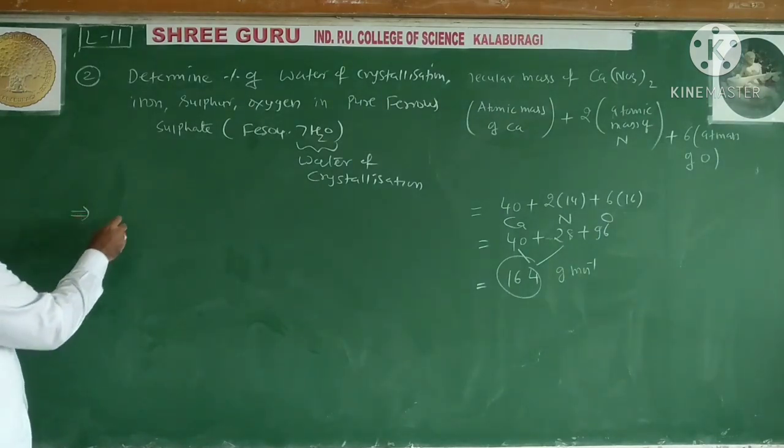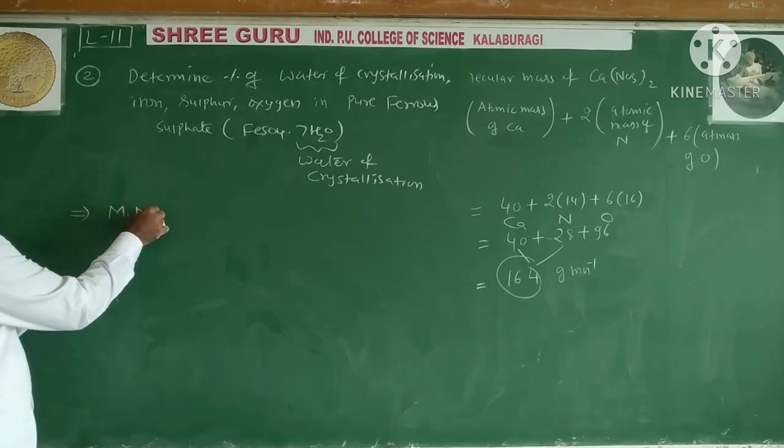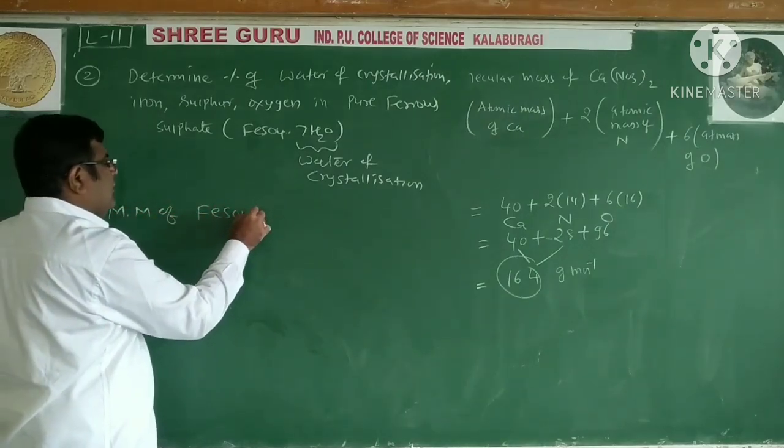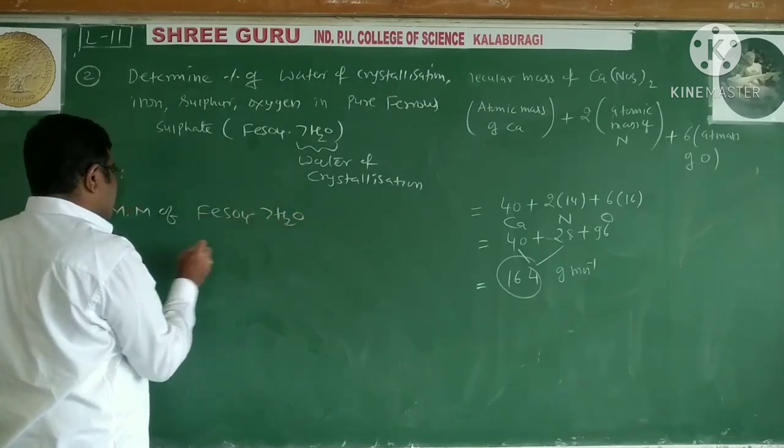So first thing is molecular mass of FeSO4.7H2O.